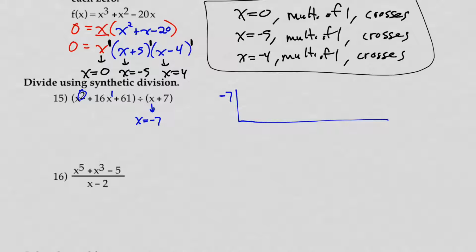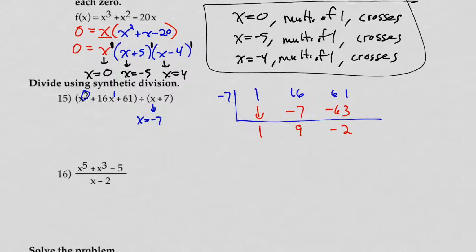So we're going to just go ahead and place 1, 16, and 61. So we'll bring down the 1, multiply by negative 7. Combine 16 and negative 7, which makes 9. Negative 7 times positive 9, that's going to be negative 63. 61 minus 63 is negative 2.